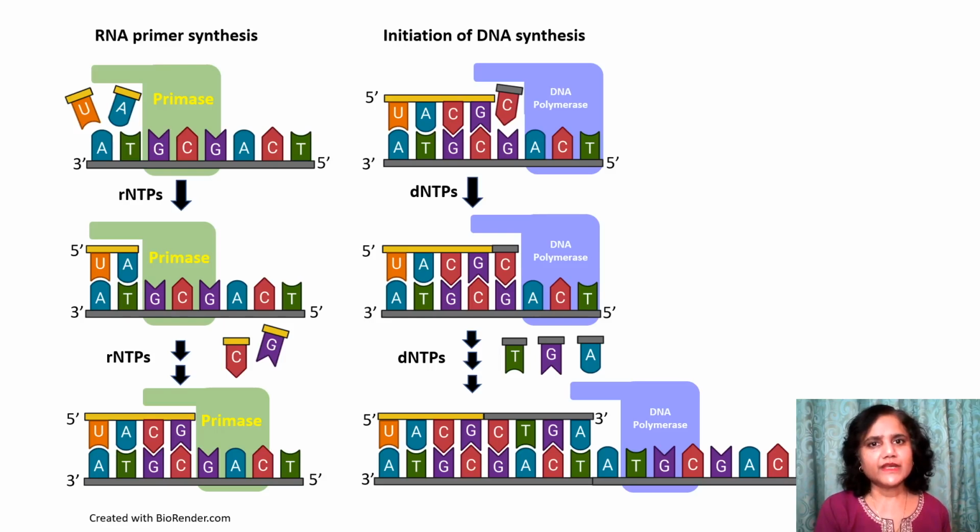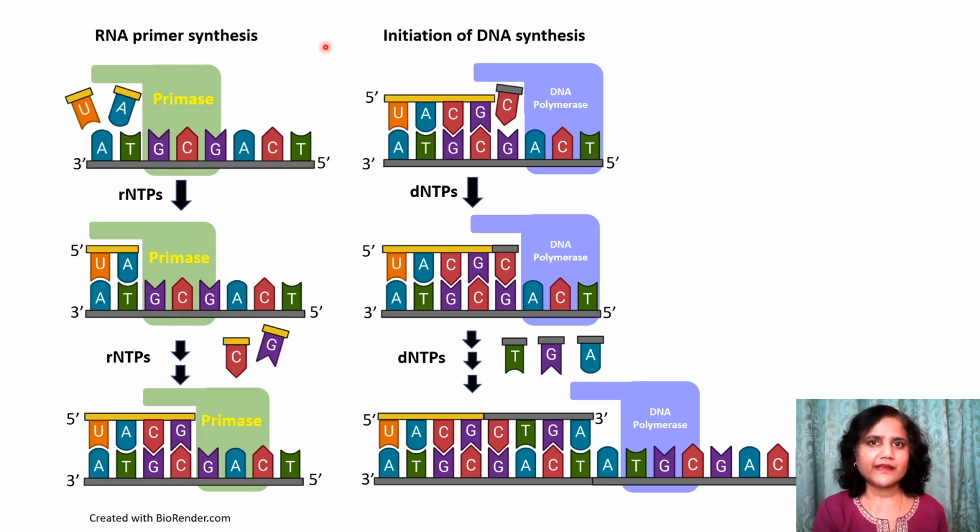An enzyme, DNA primase, synthesizes the short RNA primers, which could be 10 nucleotides long, using ribo-NTPs as the substrates. This process is shown here, where the primase is putting together the first two nucleotides to start the RNA primer.